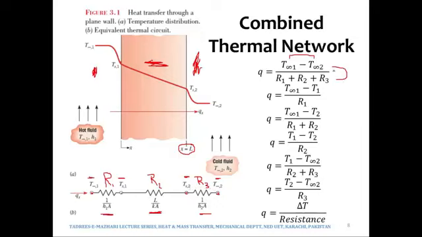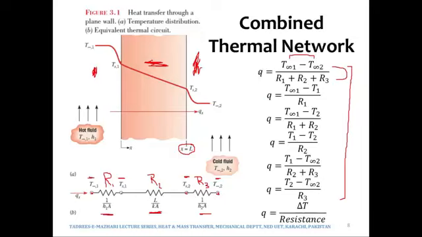So there are various forms that Q can be written in, and all those values of Q would be the same as long as the system is working under steady state conditions.